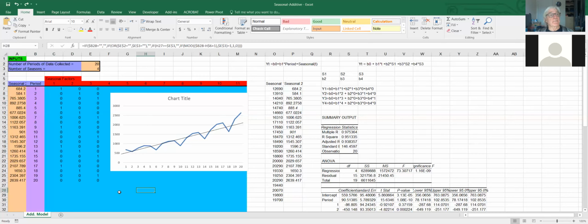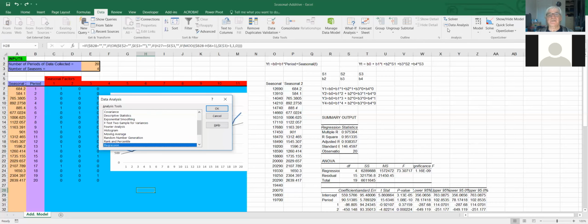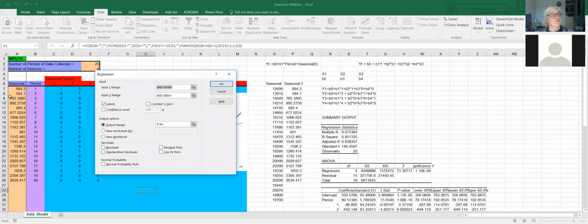Now what happens? You take this into multiple regression data analysis. So data analysis, regression, and Y is the time series here.